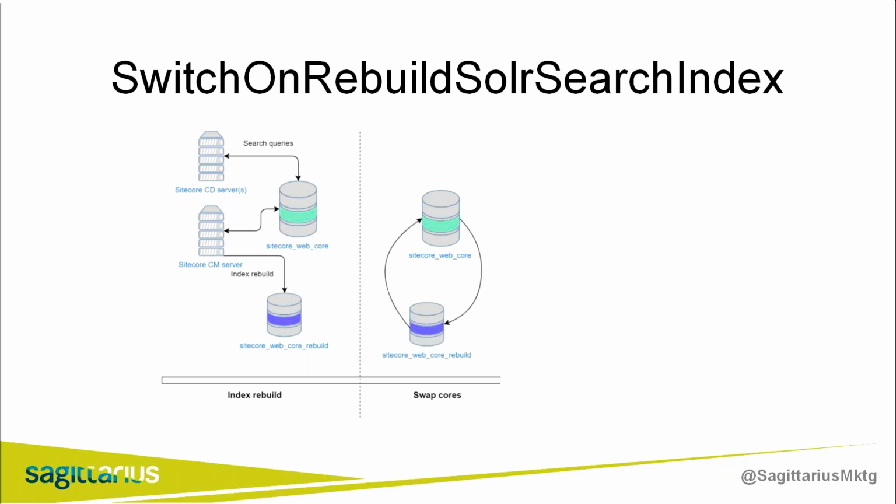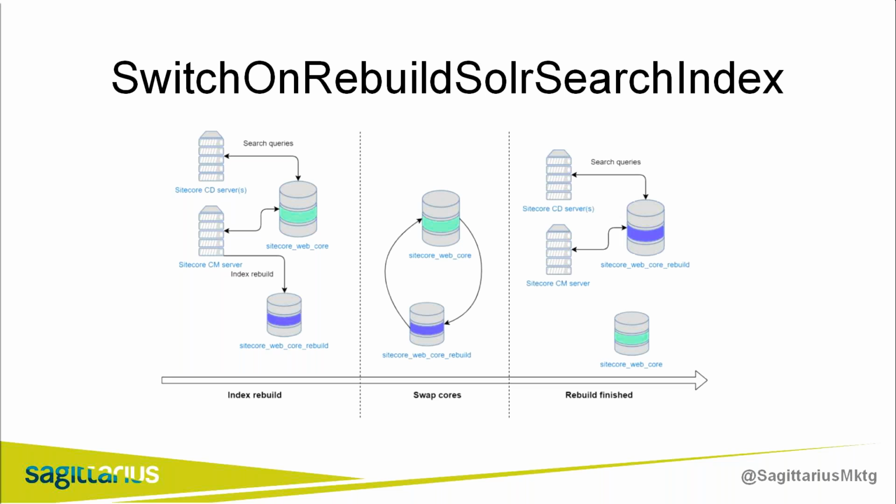And when the rebuild is finished, we just swap these indexes, and we get a new index on CD servers and on the CM server. And if we start to rebuild again, this operation will be repeated once more. We will rebuild the index, we will swap them, and the new index will be used.